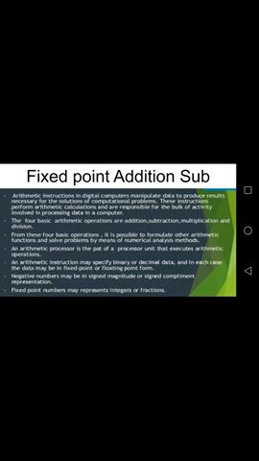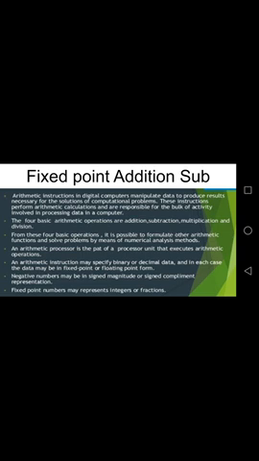That is, one is signed magnitude, second one is 1's complement form, and the third one is 2's complement form. And all of you know 2's complement notation has some advantages over 1's complement notation.